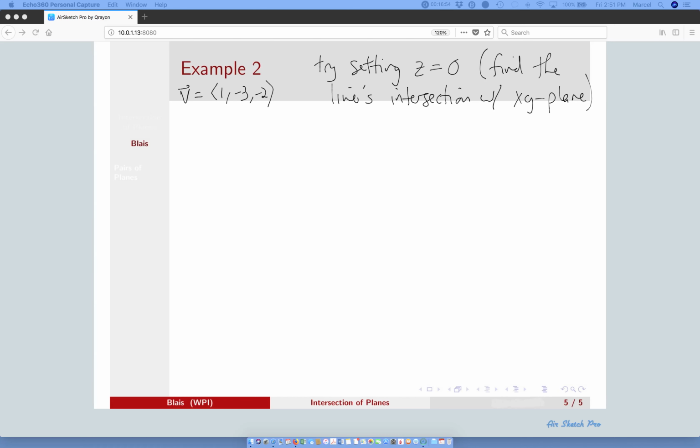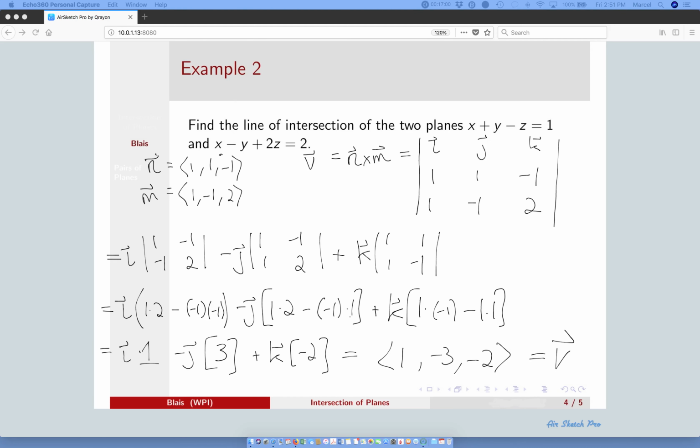So if we set z equals 0, come back to our plane equations. This first plane equation, if you set z equals 0, that z term goes away. And what's left is x plus y equals 1.